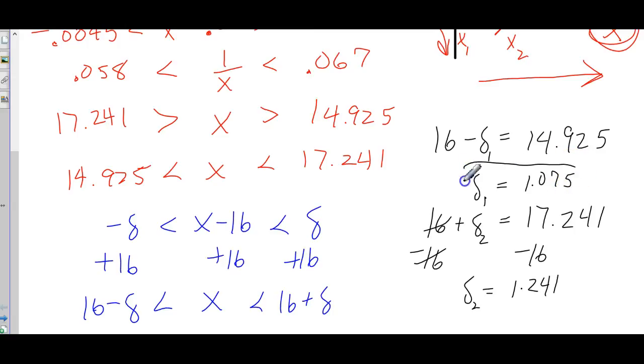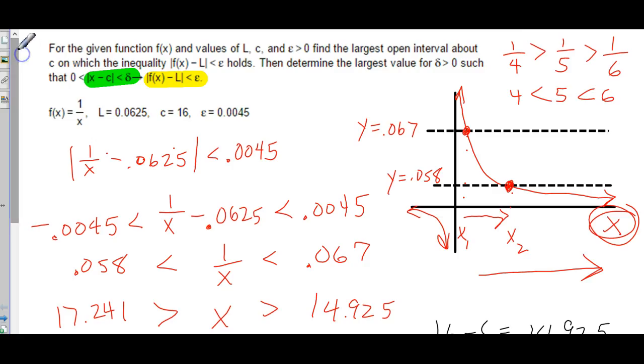Which one's smaller? This one's smaller, so that would be our value for delta.